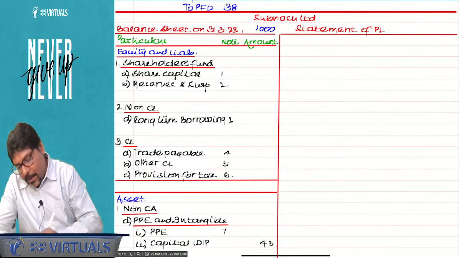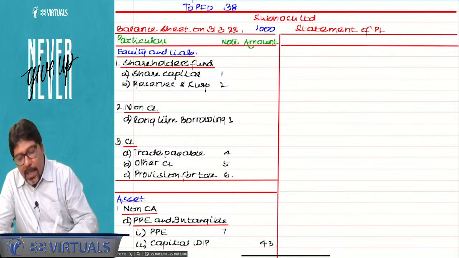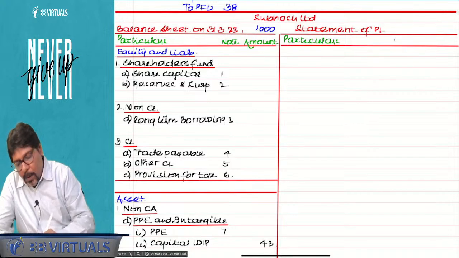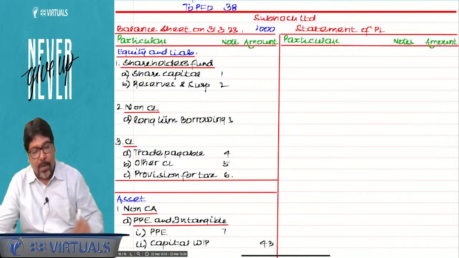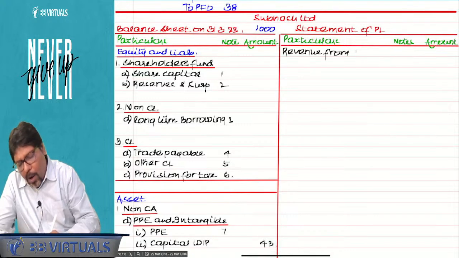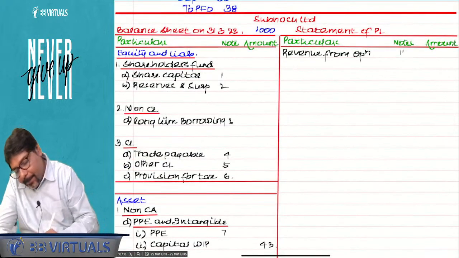Statement of P&L. First is what? Revenue from operations.